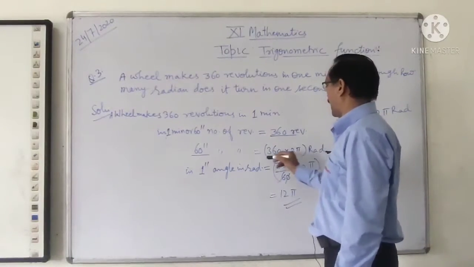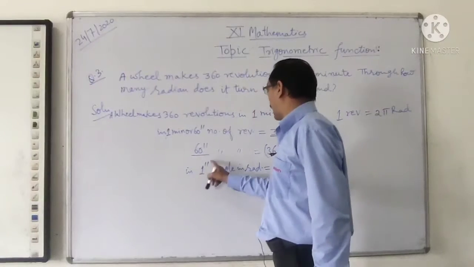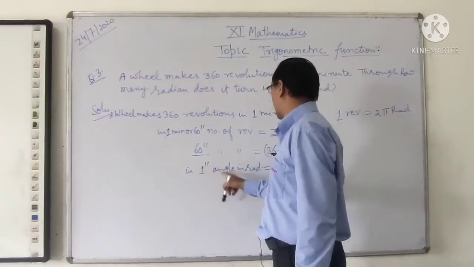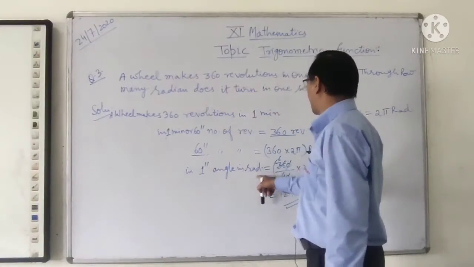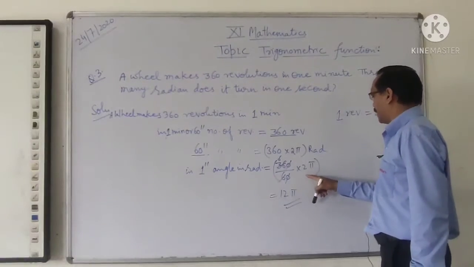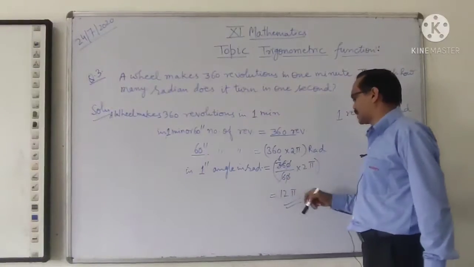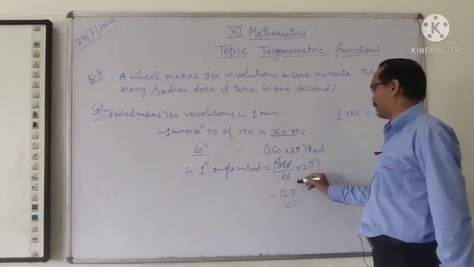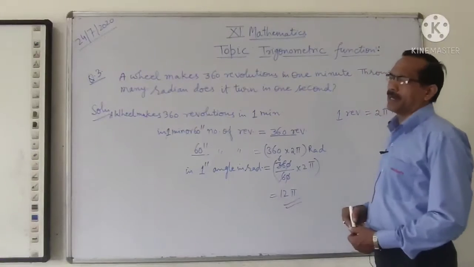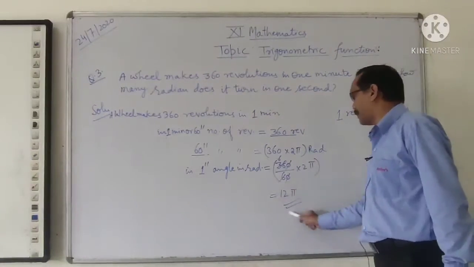This is the angle. And in 1 second, the angle measured in radian equals 360 upon 60 into 2 pi. Now 0 cancels, 6 6s are 36, 6 into 2 is 12. So it is 12 pi radian. So the angle in 1 second equals 12 pi.